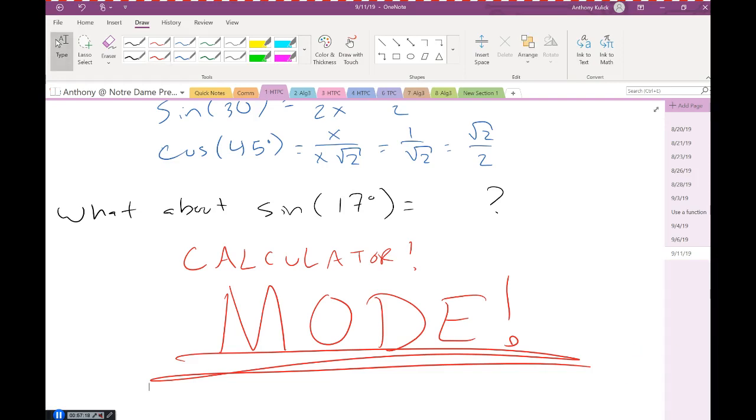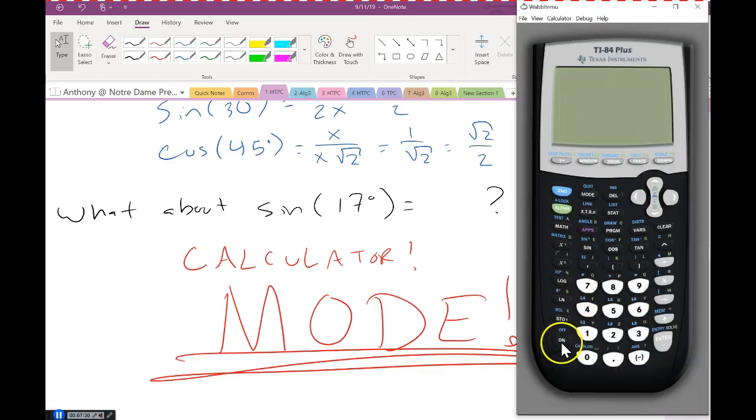So just to remind you guys, firing up your calculator, if you press the mode button here next to the second, you can check to see if it's in radian or degree mode. Make sure that you're in the correct mode. You will have to switch between modes in this class frequently. If you are getting answers that don't make any sense, the most likely culprit is wrong mode.